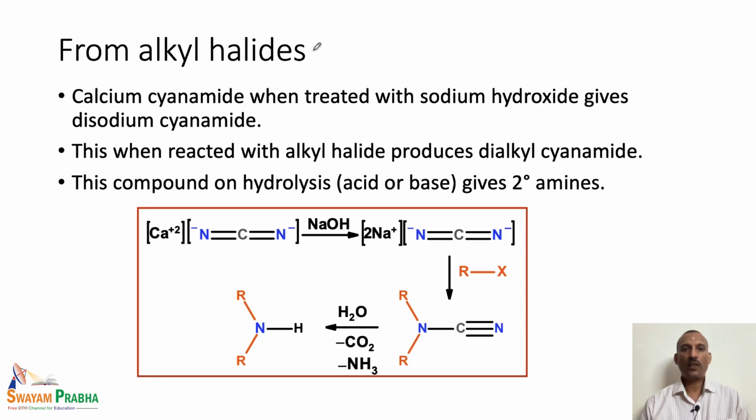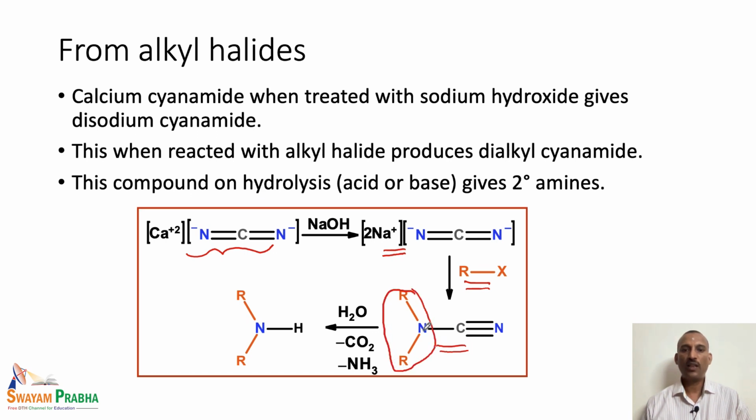So, we have another method in which calcium cyanamide, as written here, is treated with sodium hydroxide to give the sodium cyanamide. So, this disodium cyanamide on treatment with the alkyl halide gives the dialkyl cyanamide. So, we have the two alkyl units attached to the nitrogen.